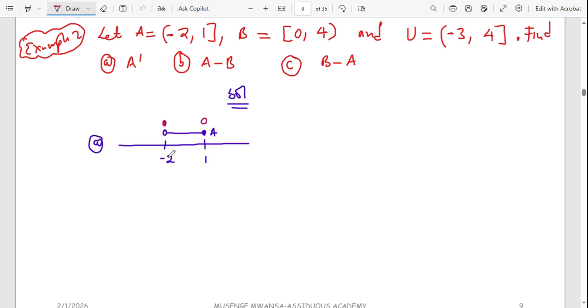So negative 2 is not in A, so it will be outside A. In other words, at negative 2 you have an open circle. So in the set A, you have got an open circle at negative 2. So in the set A complement, you are going to have a closed circle at negative 2. You always swap them. If you have got an open circle for the complement, use a closed circle, and vice versa. Is that okay?